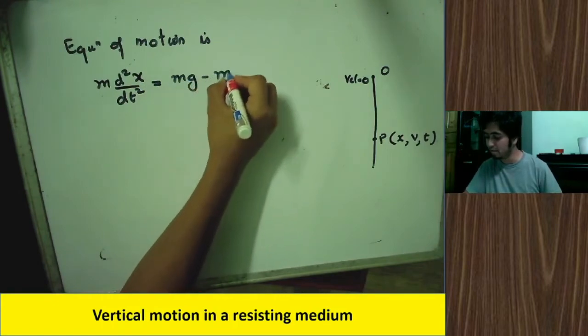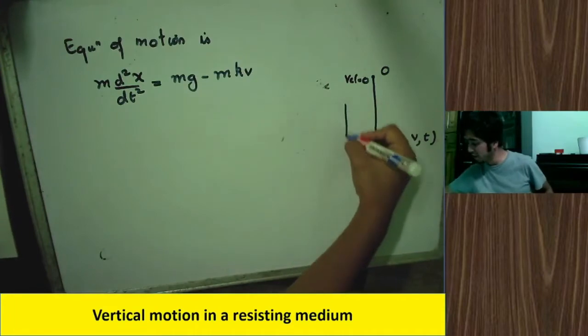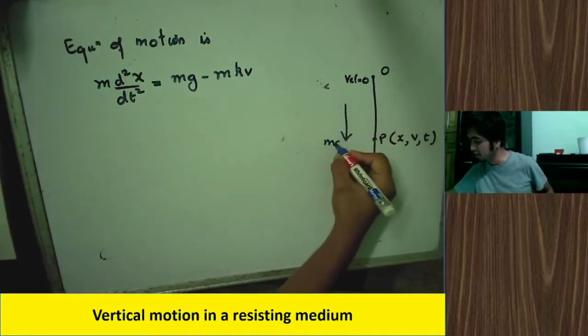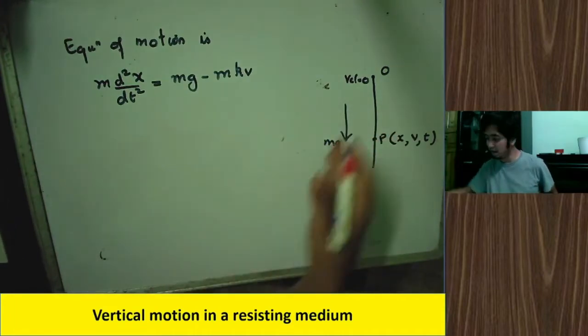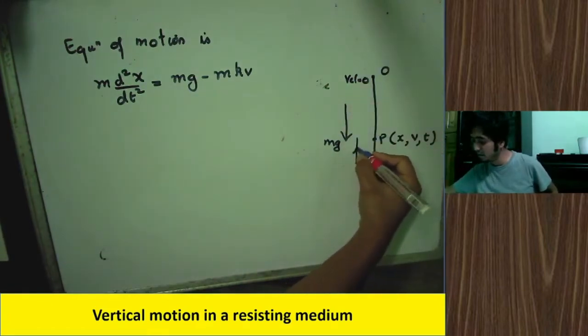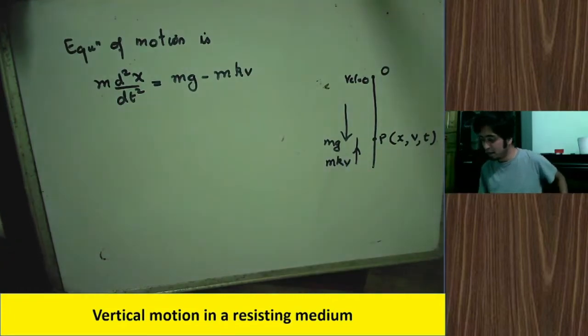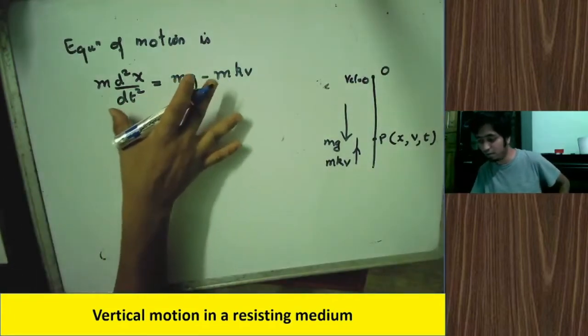mg minus mkv. How did I get this one? Because mg is always acting downwards, and because the body is falling down, the resistance will be upwards, so it will be mkv. The resistance is mkv. What is this equation?